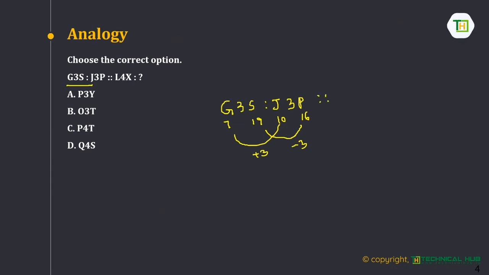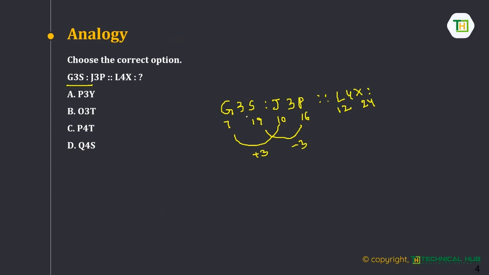So the third one is L4X. L with respect to number is 12, X with respect to number is 24. In this one more logic is, if you observe the middle number, the middle number is 3.